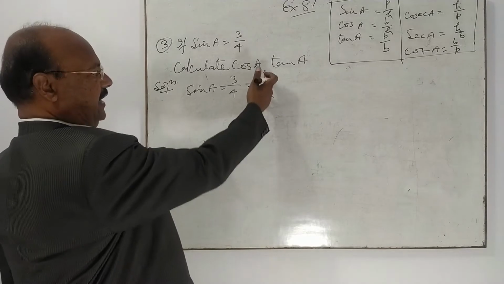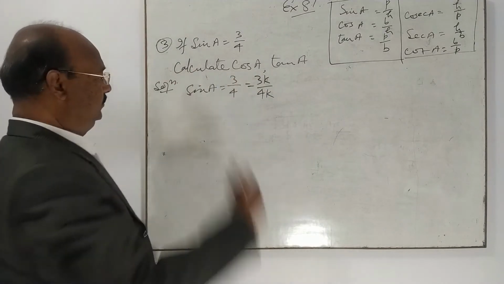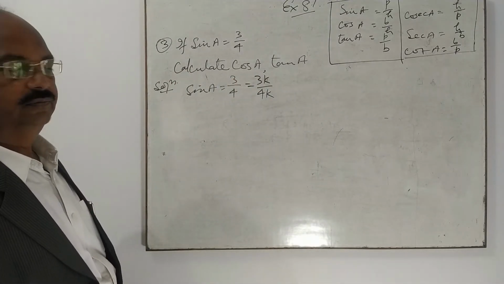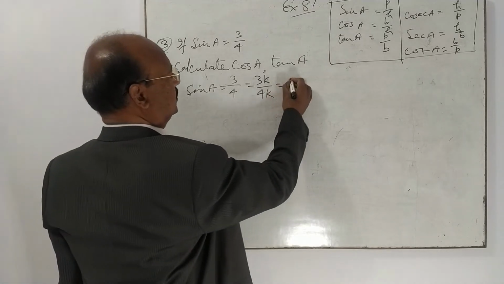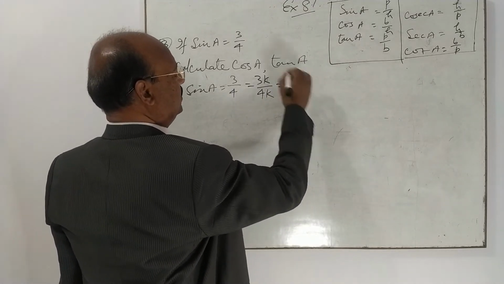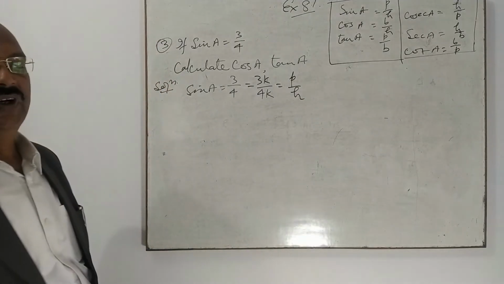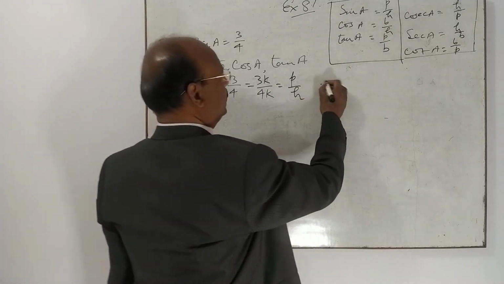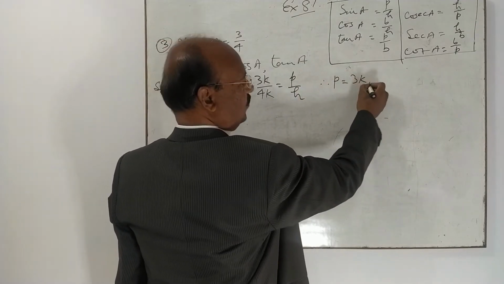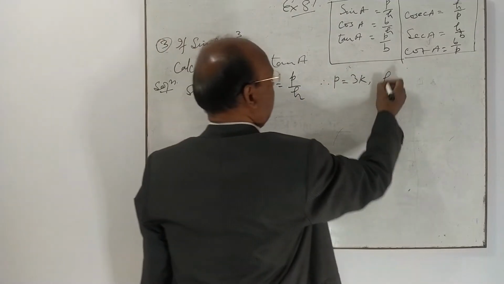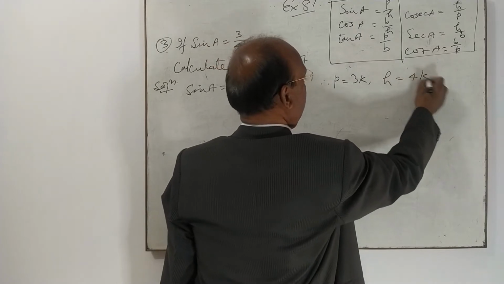Ultimately, whenever we cancel out k, we will get the same value, 3 by 4. Correct? And this is P by H. So therefore, here you can consider perpendicular P is 3k and hypotenuse H is 4k.